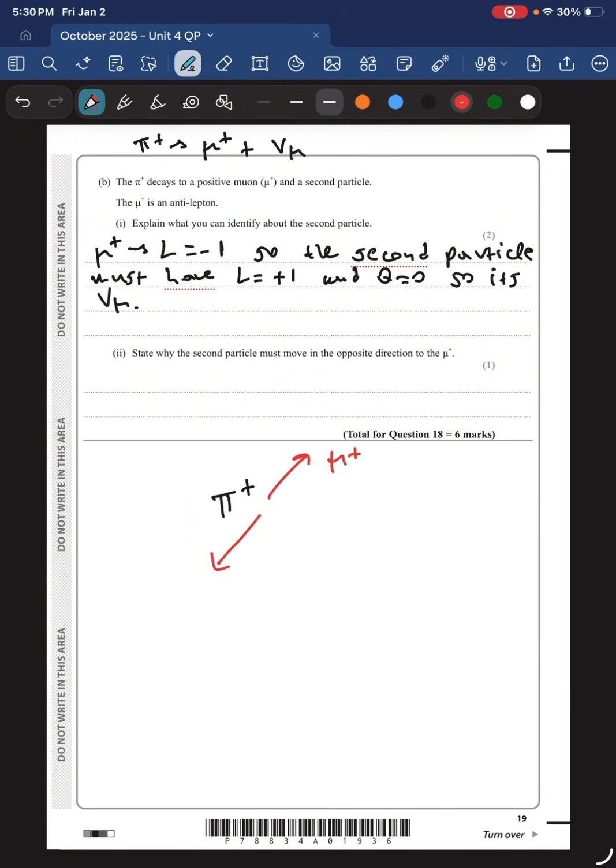Therefore, to balance the momentum, the second particle should move in the other direction. So state why the second particle must move in the opposite direction to the mu plus. The answer is to conserve momentum. All right.